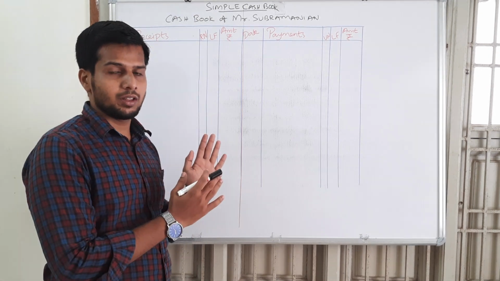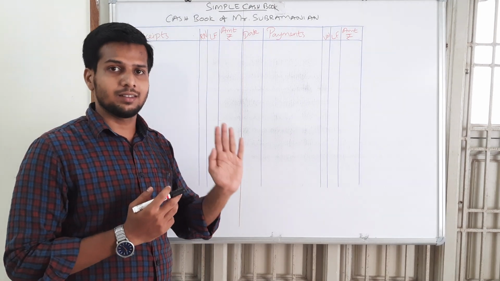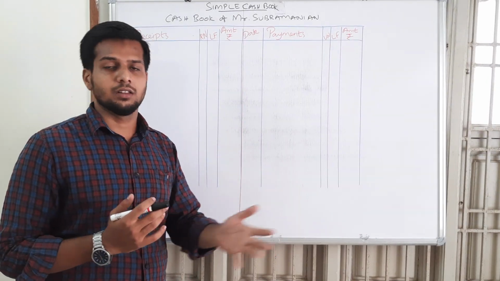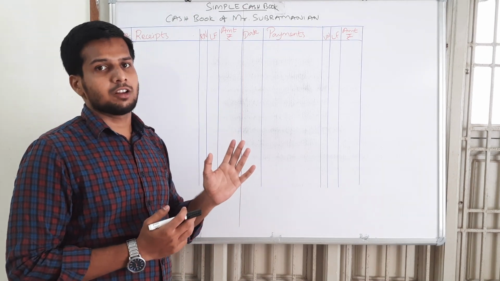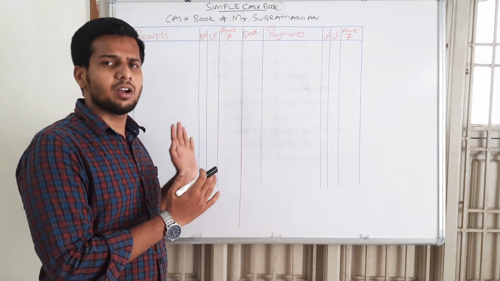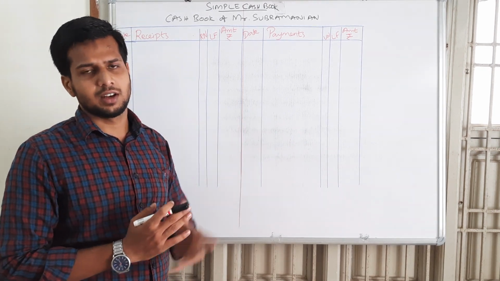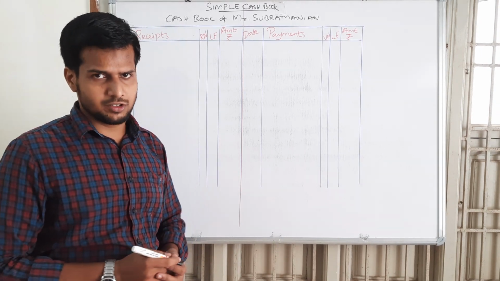When we are preparing the cash book, there is no need to prepare the cash ledger account separately and the bank ledger account separately. So the cash book serves the purpose of both the subsidiary book and the cash ledger account and the bank ledger account.